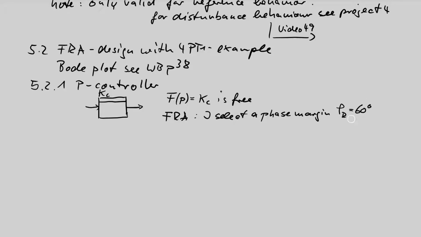Note that if, after designing and checking, I see that the overshoot is too large, I can simply decrease the KC value of the controller, and then I can decrease the overshoot. So this could be a good starting point. And in many cases, we stay with this value. 60 degrees is the standard default value of phase margin in FRA design.